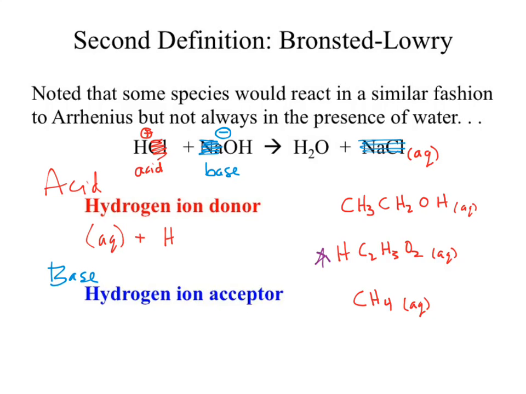How do you know the middle one's the acid? We can identify our acids by looking for the aqueous, and that the hydrogen is located in front of our formula. There is one kind of weird exception to this, and it's not a super exception because it's a weird molecule to begin with.